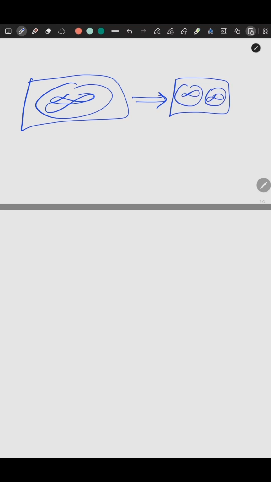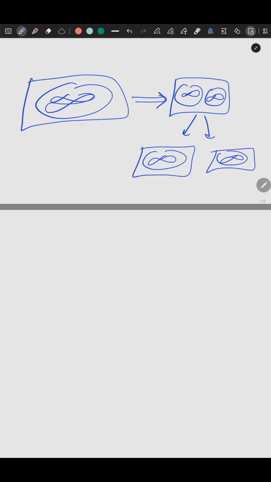So, in general, what happens during cell division? In the next step, the cell copies its DNA. Later on, two daughter cells get the same identical DNA from the parent. You can say half here, half here.